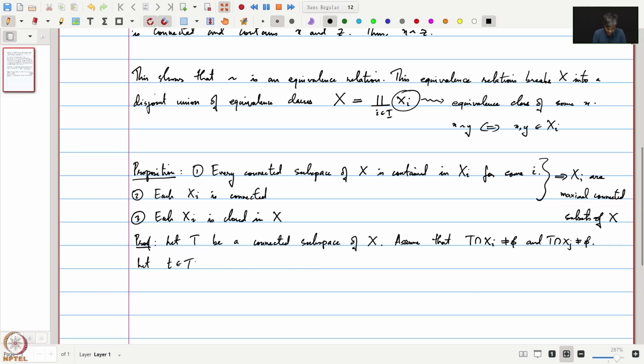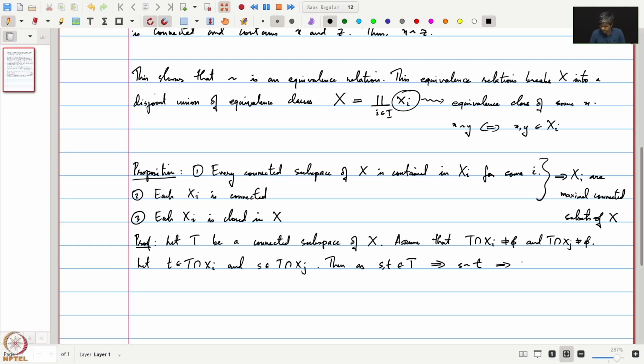Let t be in T intersection Xi and s be in T intersection Xj. Then as s, t are in T, and T is connected, this implies s is equivalent to t.